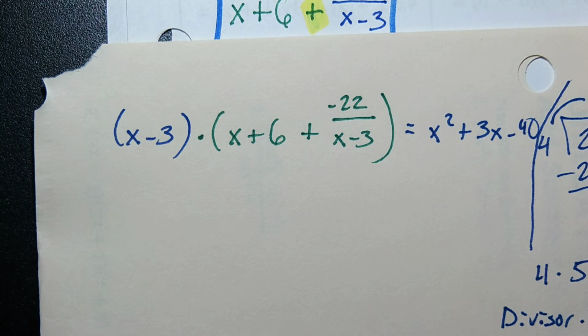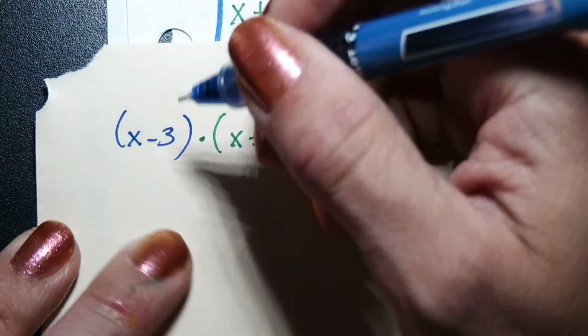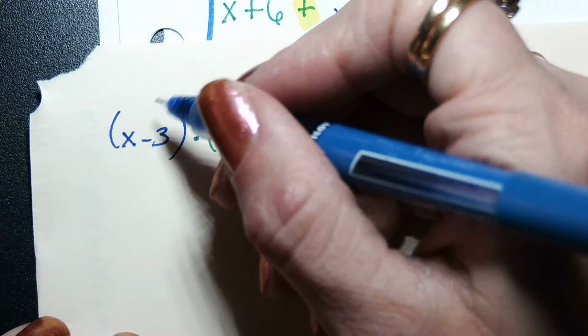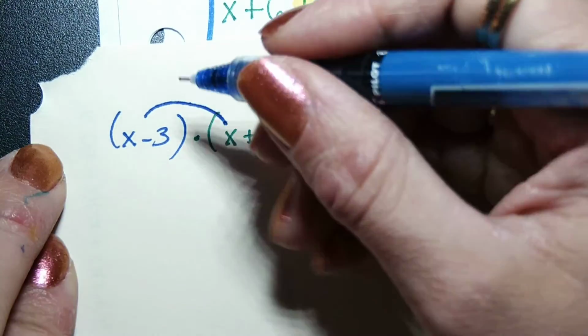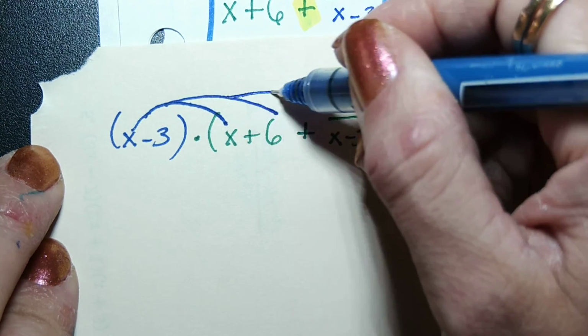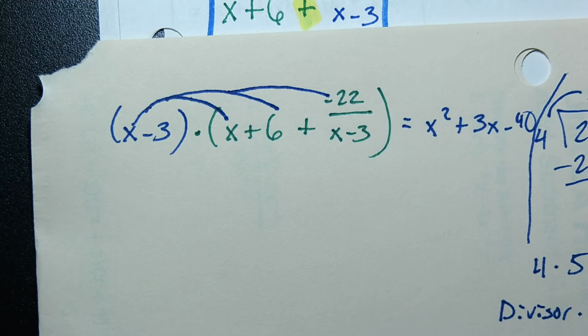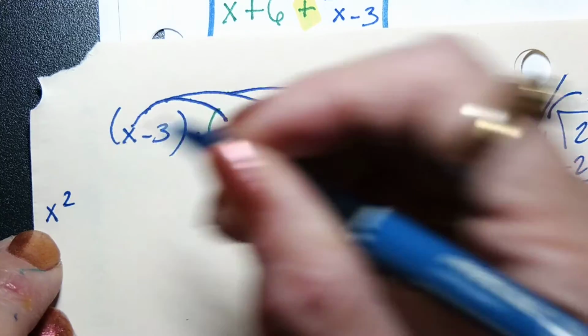So it looks awful, but here's what we're going to do. I'm going to distribute this to this. Distribute this to this. And distribute that to that. Actually, might be easier to do it the other way. No, we'll go ahead and do it this way. Okay, so we're going to take x times x, x squared.